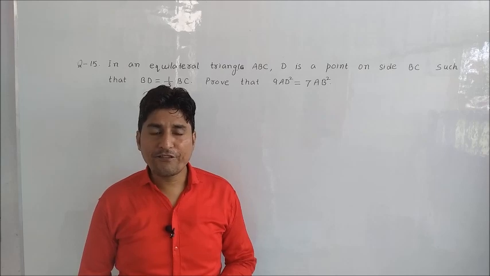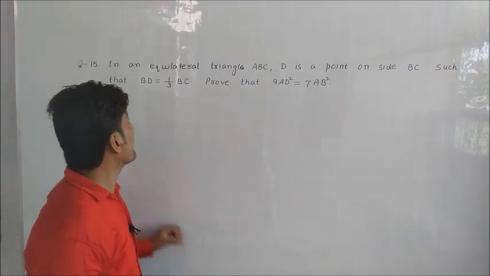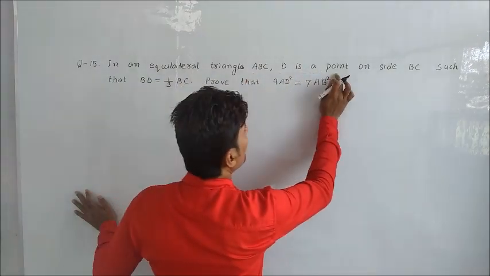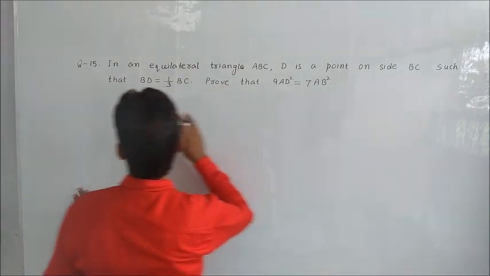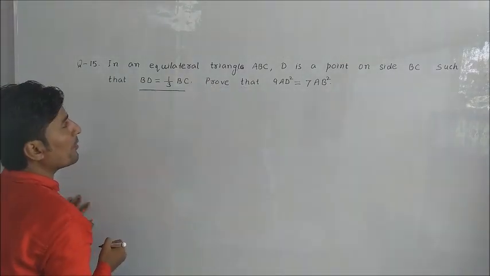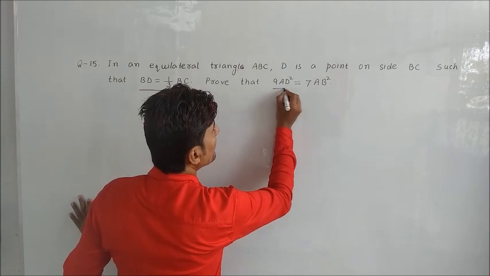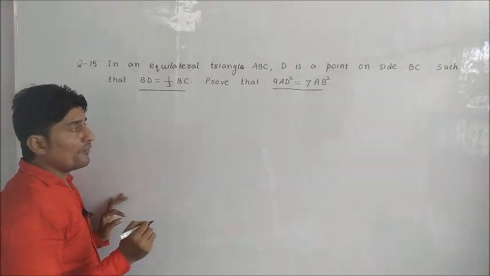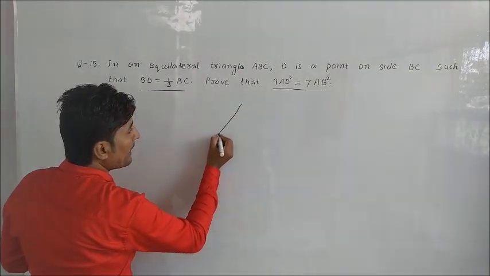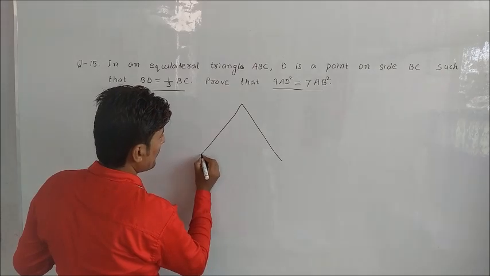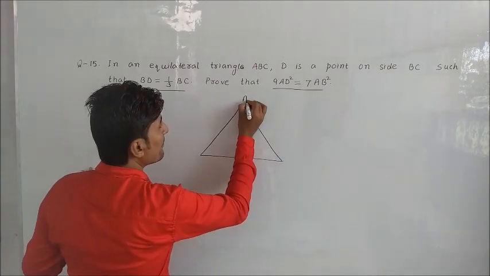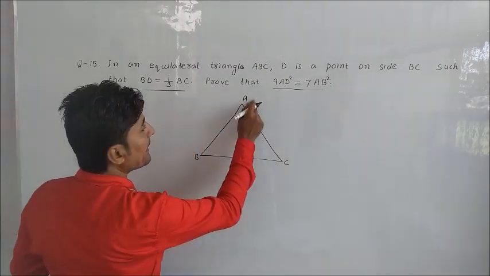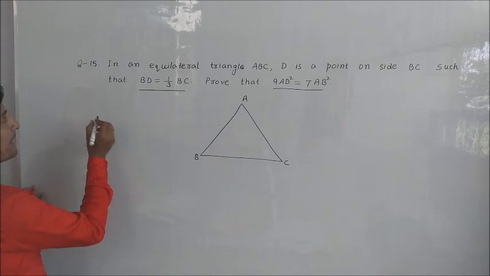Now let us consider the 15th question of the same exercise. In an equilateral triangle ABC, D is a point on side BC such that BD is equal to 1 upon 3 BC. Then we have to prove that 9AD square is equal to 7AB square. So first of all, suppose ABC is an equilateral triangle in which AB, BC and AC are all equal.